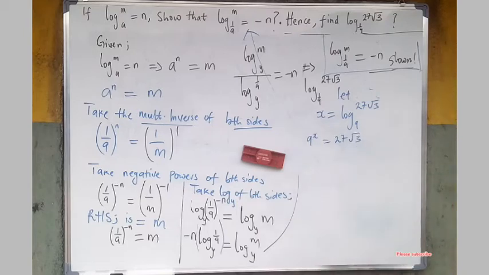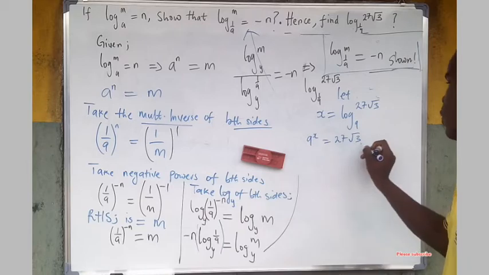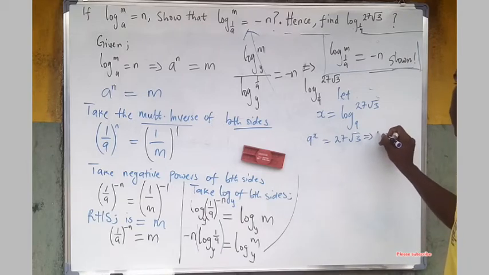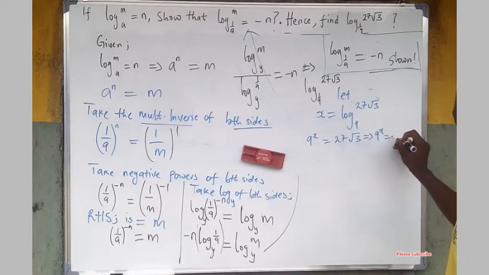Let's simplify. This implies 9 raised to the power x is equal to 9 times 3 root 3.